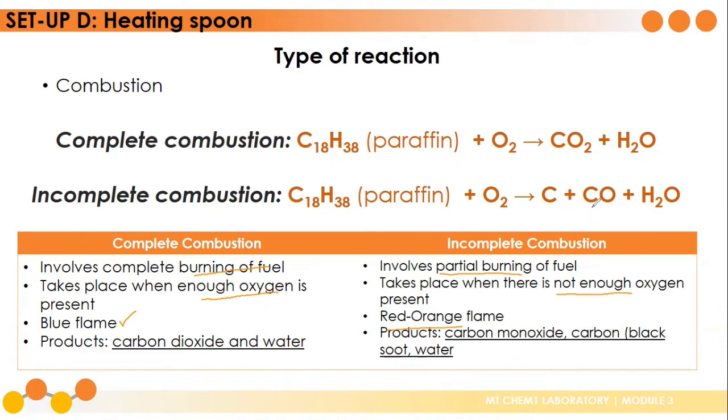The products are carbon monoxide, carbon, which is seen as the black soot, and water. So with the heating of the spoon, the reaction that we observe there specifically is incomplete combustion because there is the production of the black soot, or the carbon.